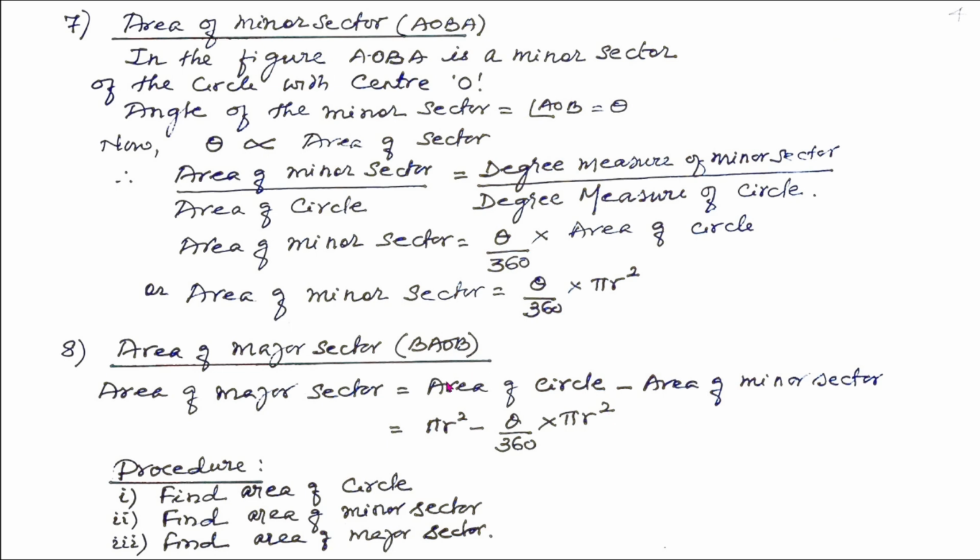Therefore, the area of the major sector is the area of the circle minus the area of the minor sector, that is, pi r square minus theta by 360 into pi r square. So using this formula we can find the area of the major sector. The procedure is very simple. Find the area of the circle first, find the area of the minor sector, subtract the area of the minor sector from the area of the circle, and we will get the area of the major sector.